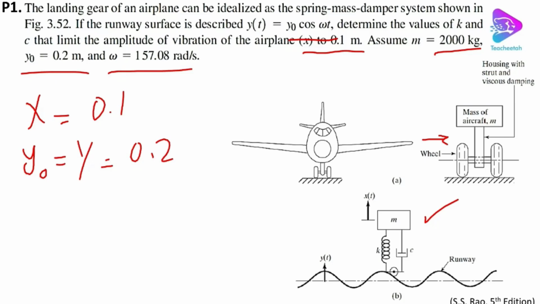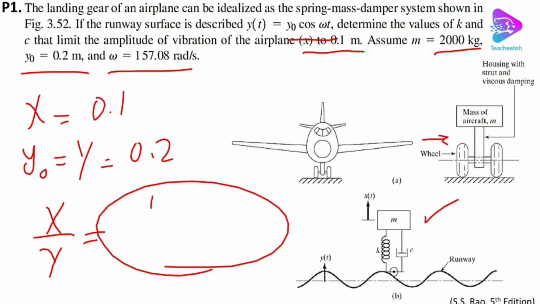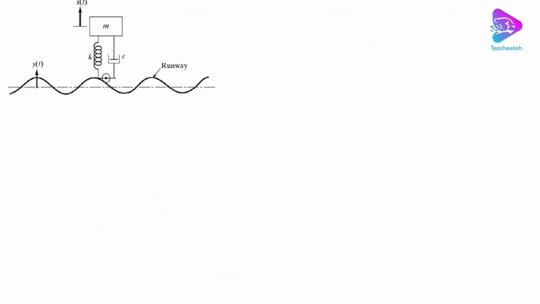Now we can use the formula we have for x over y for the case that the function is based on omega, c, and k, right? We don't have to worry about the other formula, which is based on zeta and r. We know omega here, and we're looking for c and k. That's why we need to use that formula. So let's do the calculation here. I'm going to go to that formula and see what components we're looking for.